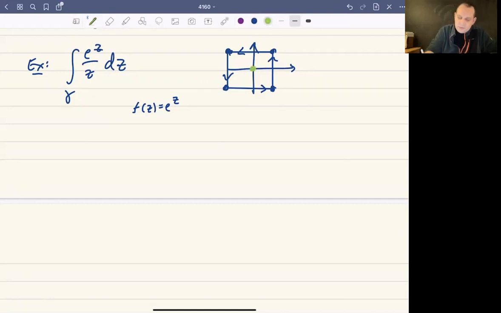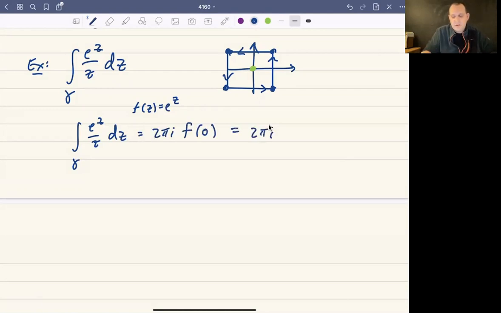Okay. And from here, this integral, e to the z over z over gamma, is going to be 2 pi i f of 0. And it's just 2 pi i. And that's much nicer than, I mean, just try it. Come up with a parameterization.